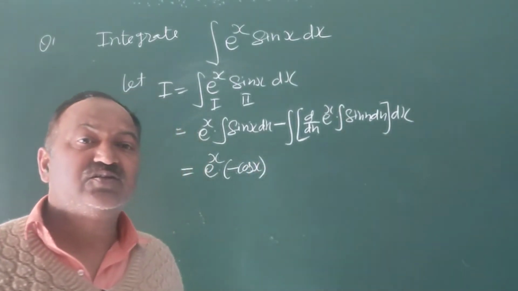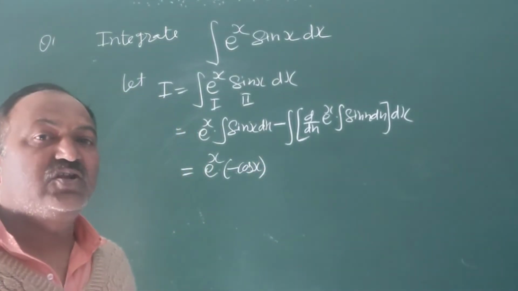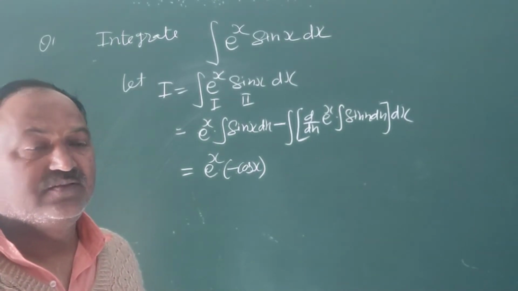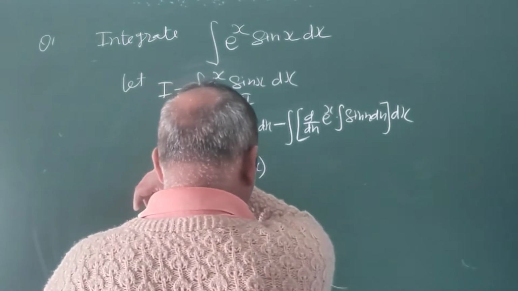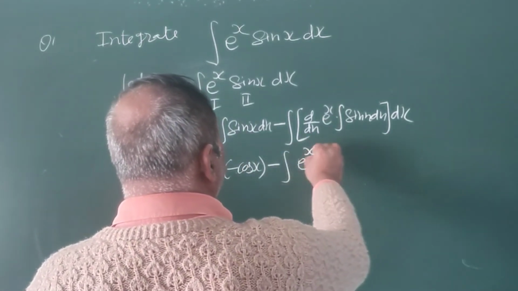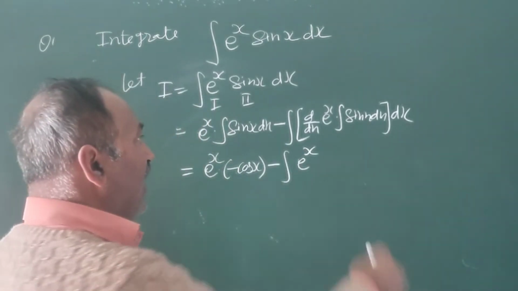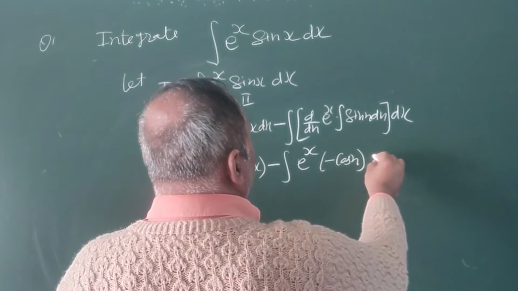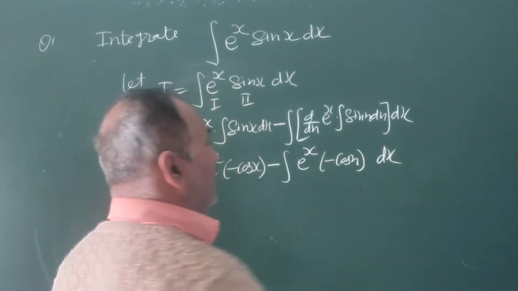Derivative of sin x is cos x, but integration of sin x is minus cos x. And minus integration of derivative of e raised to power x, which is e raised to power x, and integration of sin x is minus cos x, and whole integration, that is dx.